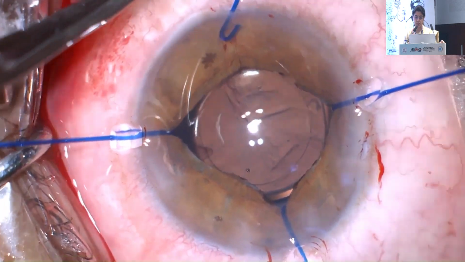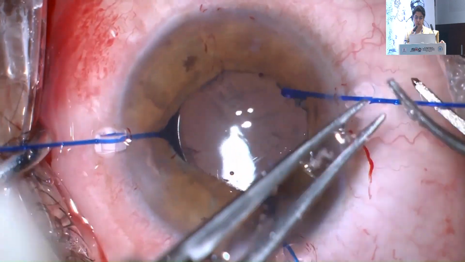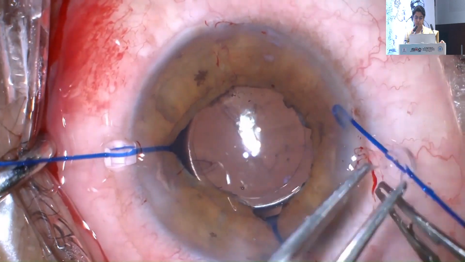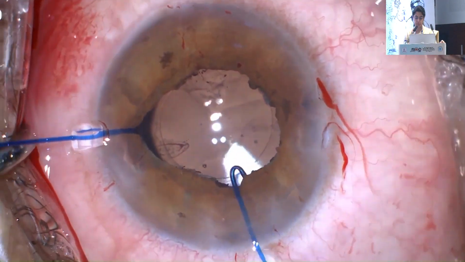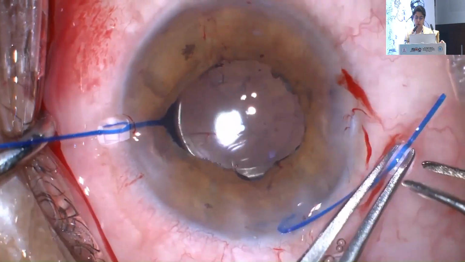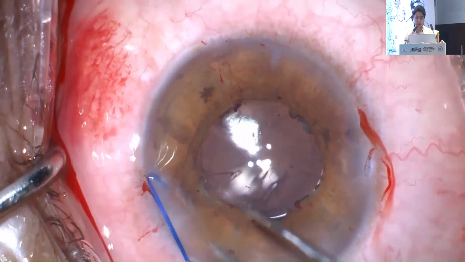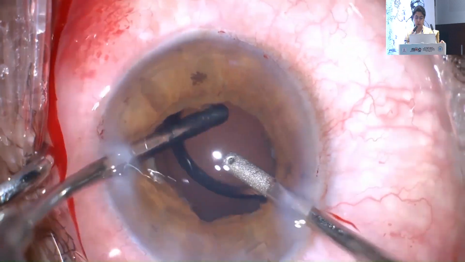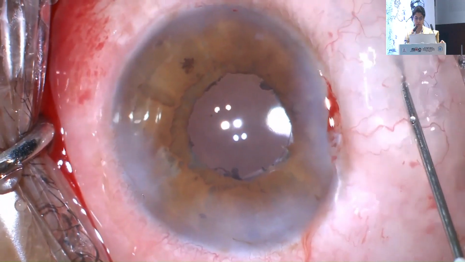Removing the iris hooks is straightforward. The rexis should be large enough so that you don't get post-op synechiae again. Viscoelastic should be removed thoroughly from the bag, from behind the IOL as well.